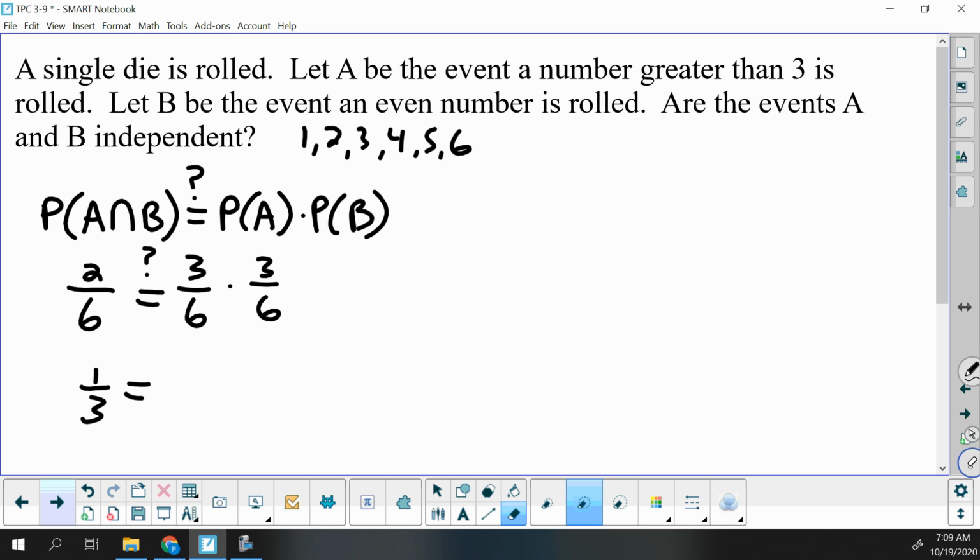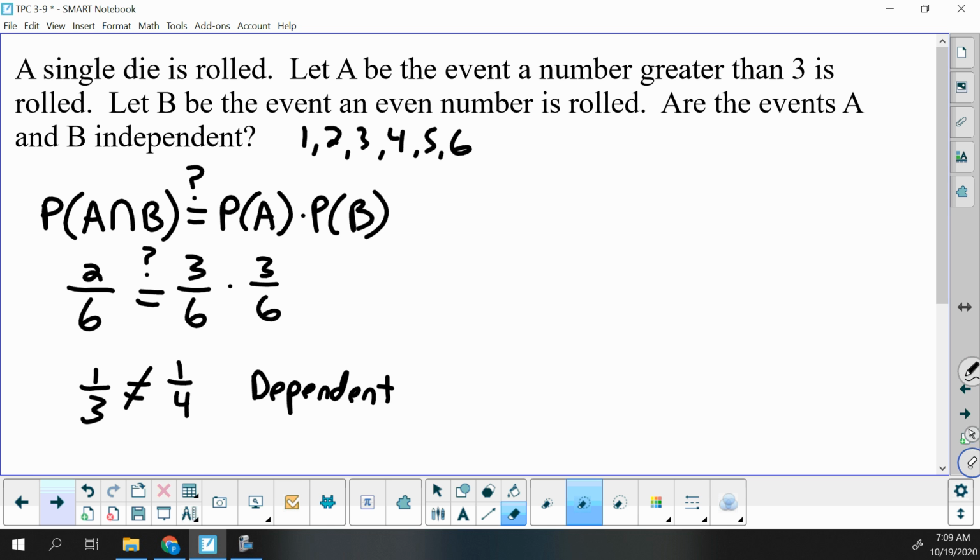Over here, if we type that in, we're going to get 1/4. So 1/3 is not equal to 1/4, so we would say that they are dependent. And you would also get full credit if you just said not independent. So either dependent or not independent would both give you full credit.